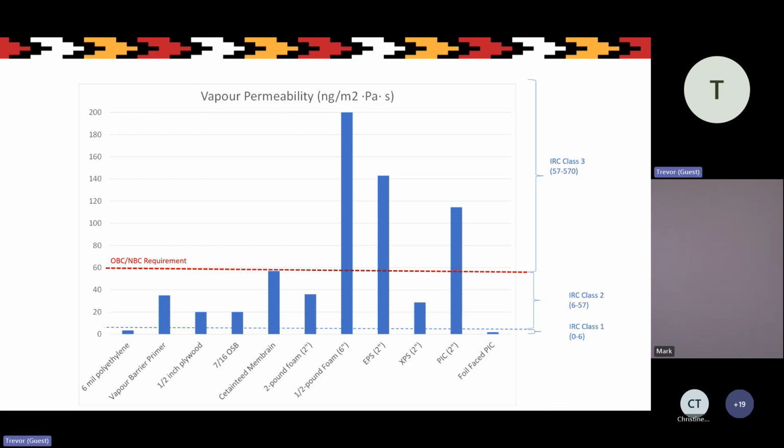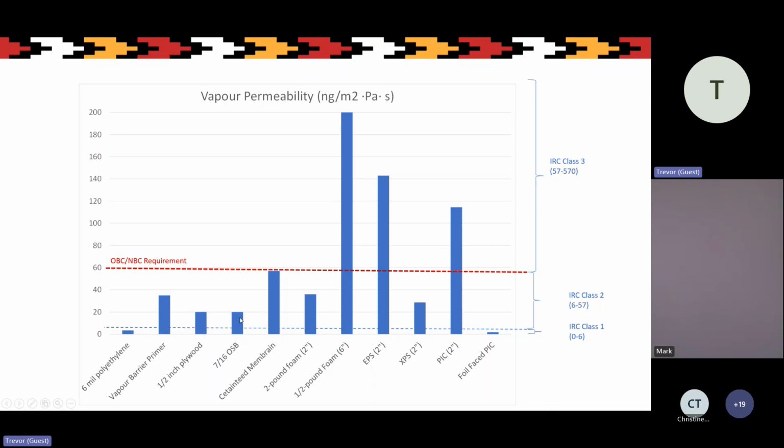Other things we might be interested in. Vapor barrier primer is something I'll talk a little bit about, and it has a vapor permeance around 35 nanograms. And the red line you can see here is what right now the NBC has as a requirement to act as a vapor barrier. We have other things that can act as vapor barriers, including 1/2-inch plywood or OSB.